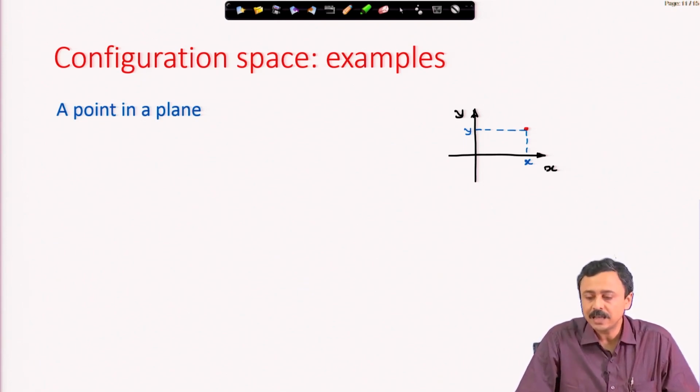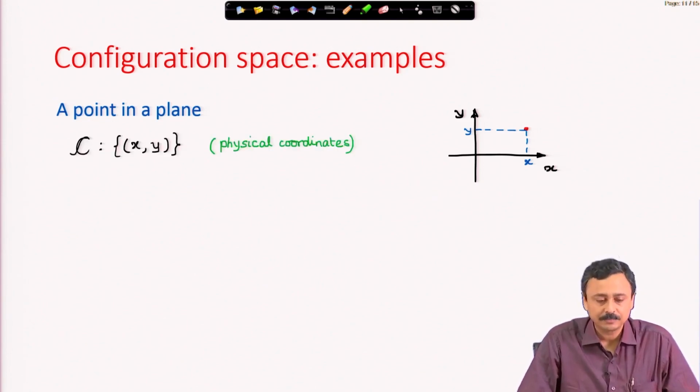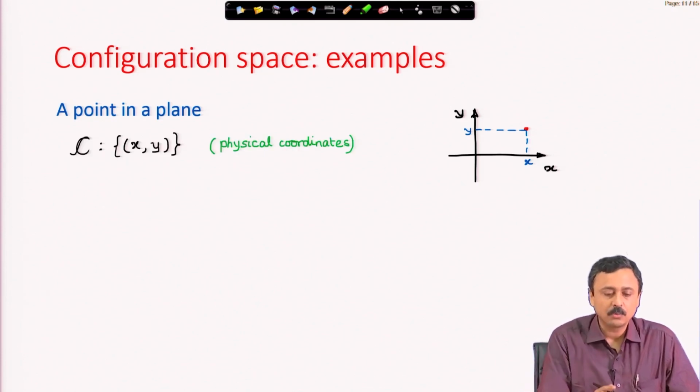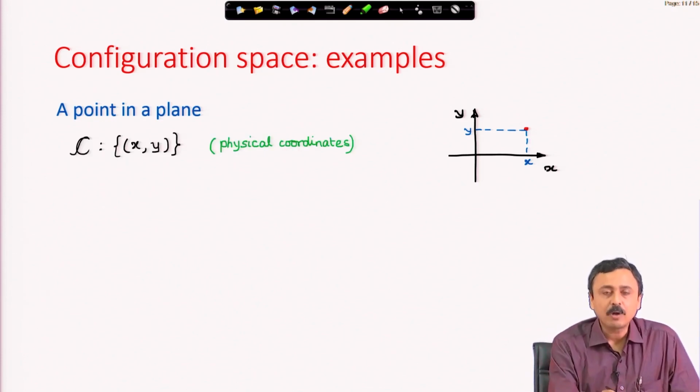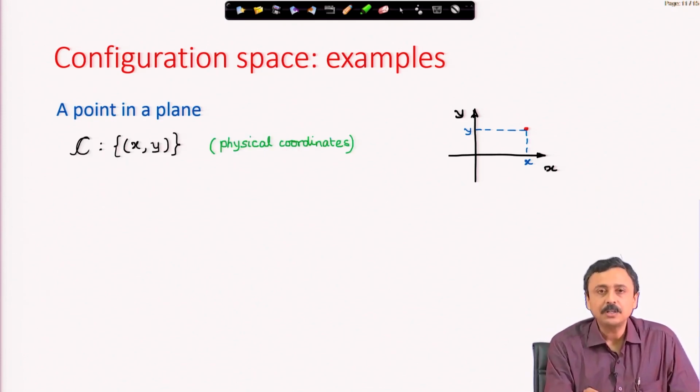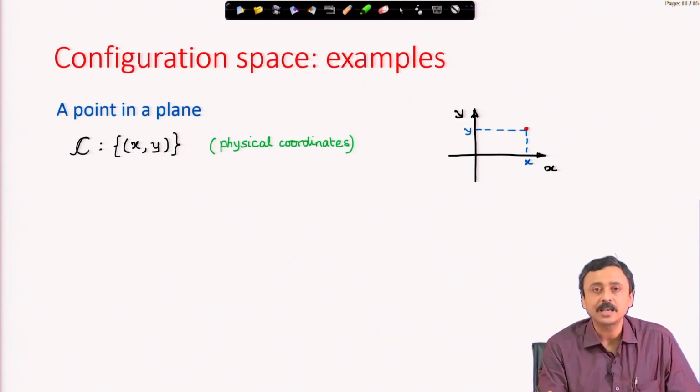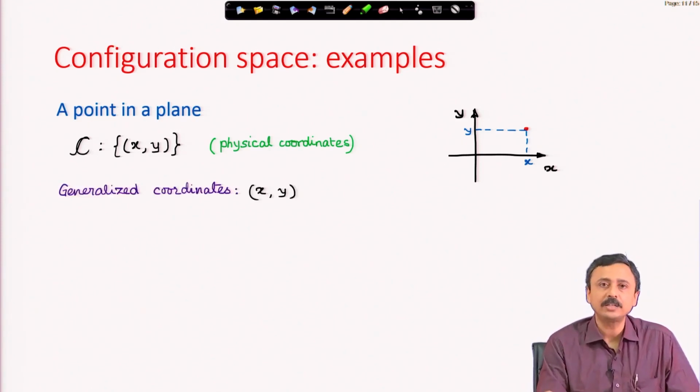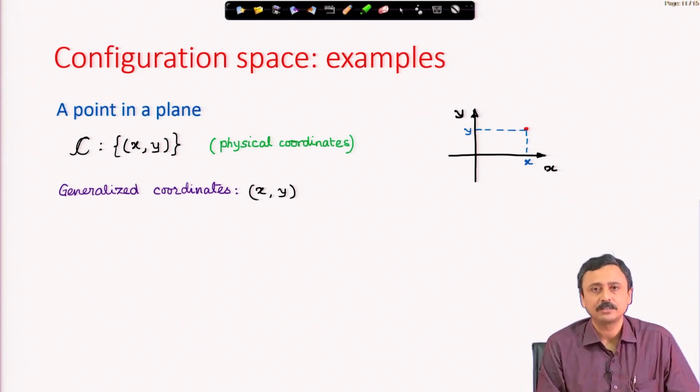Therefore, the generalized coordinates are x y, and the configuration space is this x y plane. So, x y, first of all, are physical coordinates, which give us this notion. In the physical world, we are looking at this x y which we can measure, for example, and the generalized coordinates in this case are also x y.